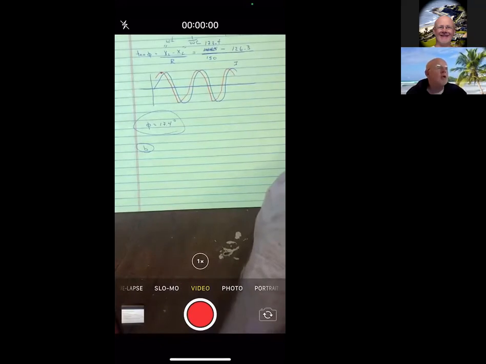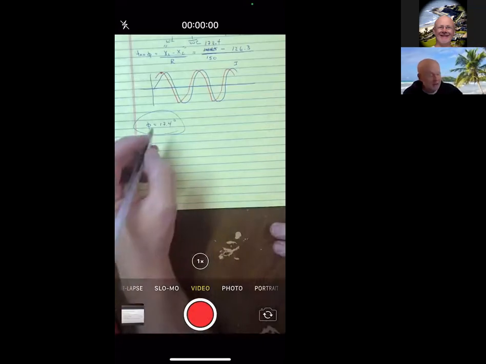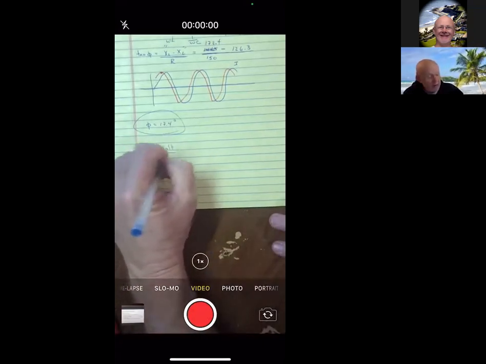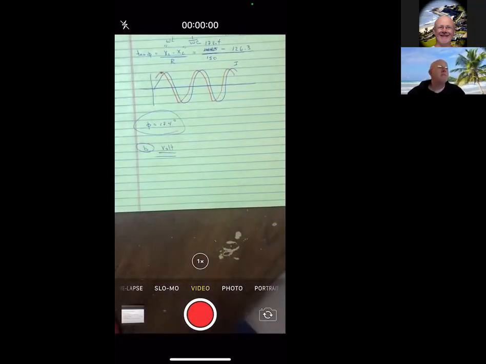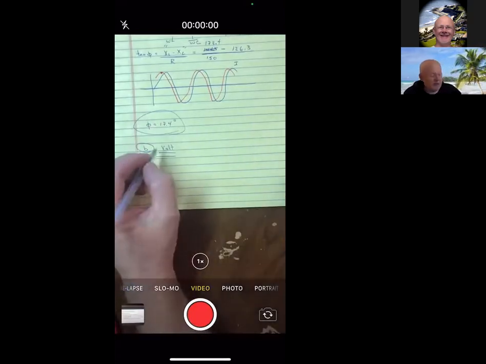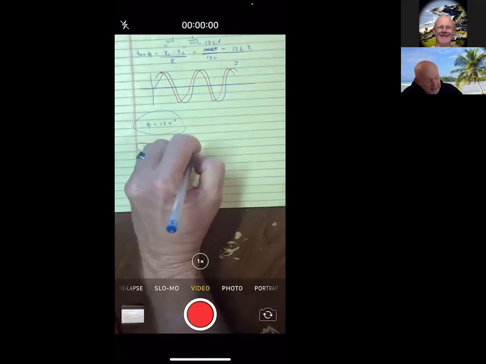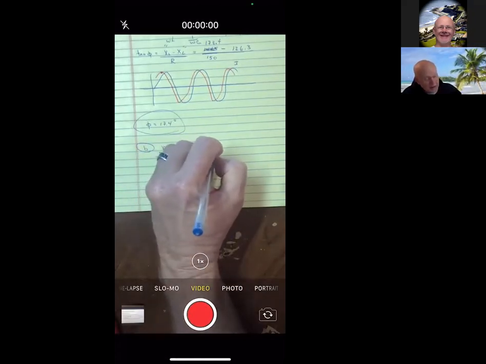It says, which reaches a maximum earlier? So since it was the ELI, the voltage is the earlier one. And so you can say something like the voltage leads the current.